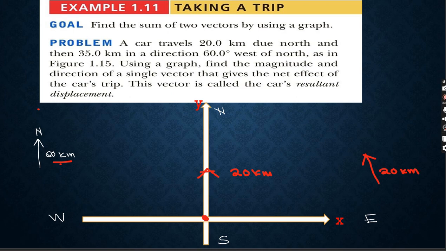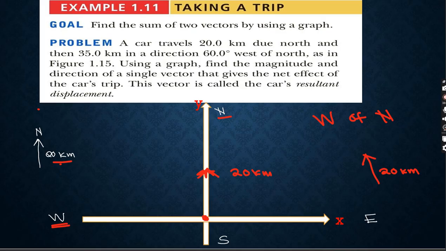What is our next part? I've been told that it now moved 35 kilometers in the direction west of north. When they say the vector is west of north, listen, it means that the vector is between north and west.